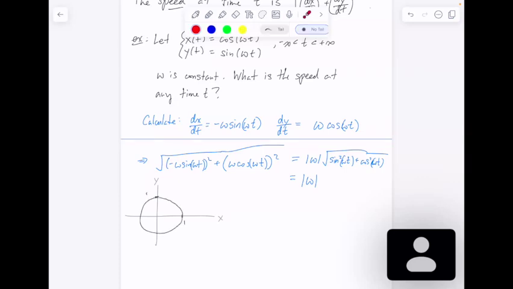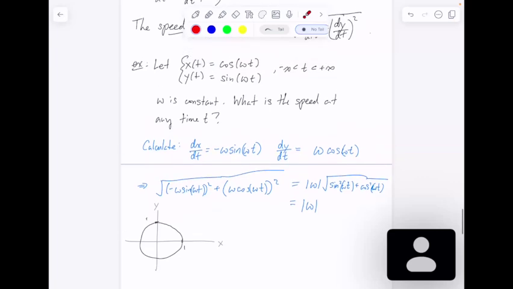What this is saying is, for various constants, let's say omega is a positive constant, let's say 1. Then cosine of something positive, sine of something positive, and t traverses it counterclockwise. If omega is 1, your speed is 1.